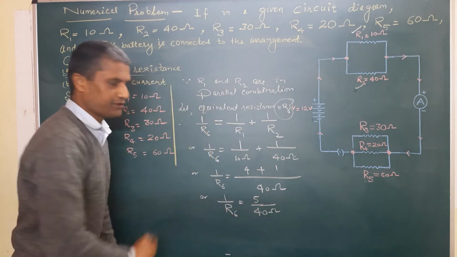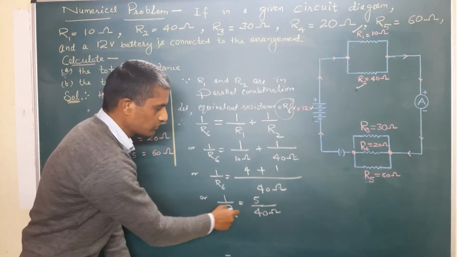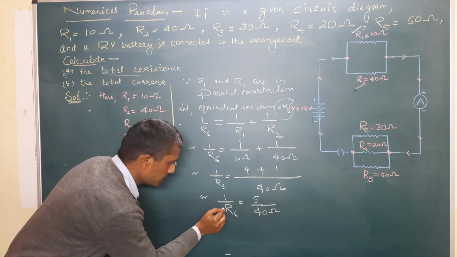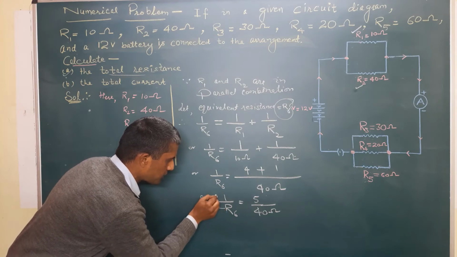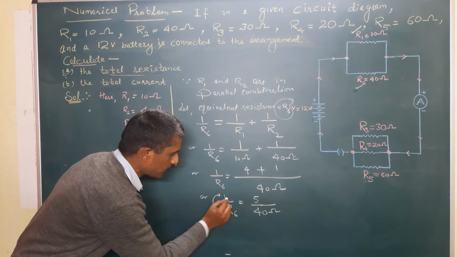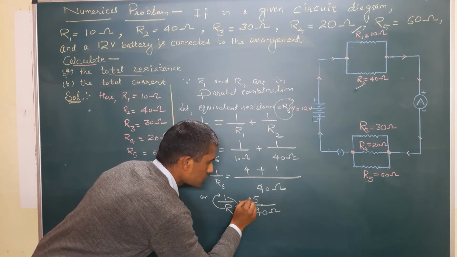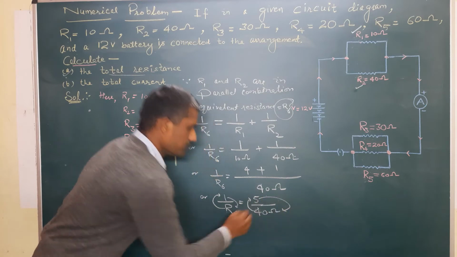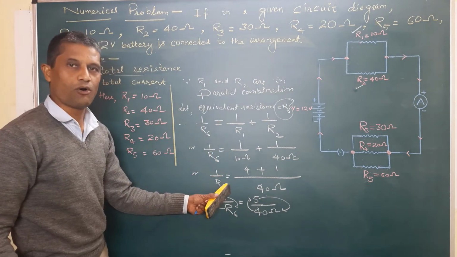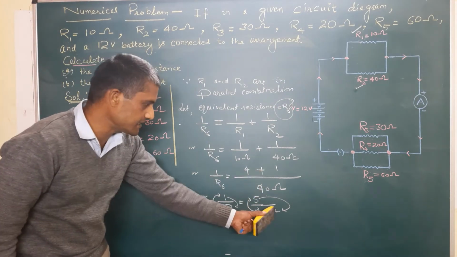Now we are going to find out R6. Make it a habit: apply the same operation on both sides. That operation is to bring the denominator over here upside down. Here R6 goes up, 1 comes down; 40 ohm goes up, 5 comes down. Means the denominator is transformed to the numerator, and the numerator is brought down to the denominator.